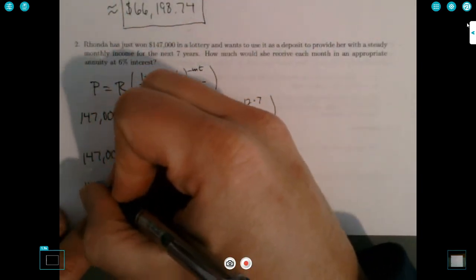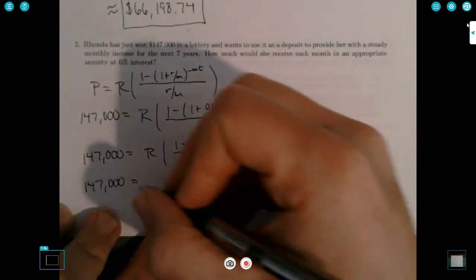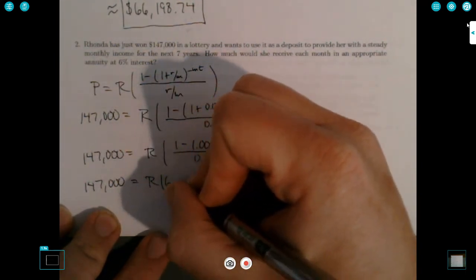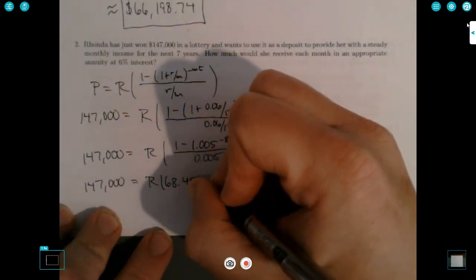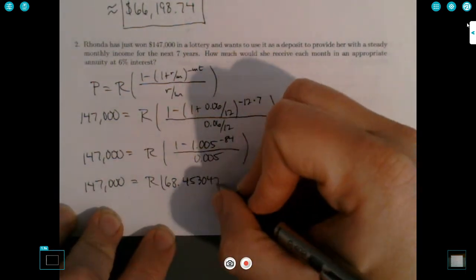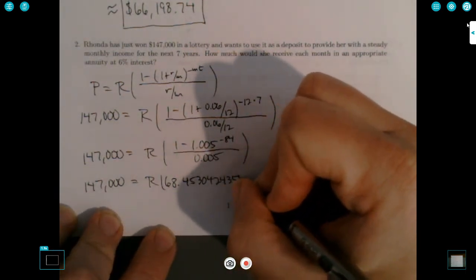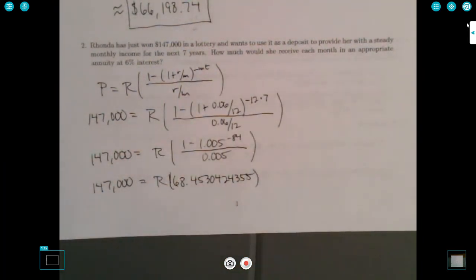You could write down the digits too, I suppose. You could say 147,000 equals r times 68.45304 24355. Okay, so you could write all that down. But then you're going to divide by that number. So let me get a different color here.